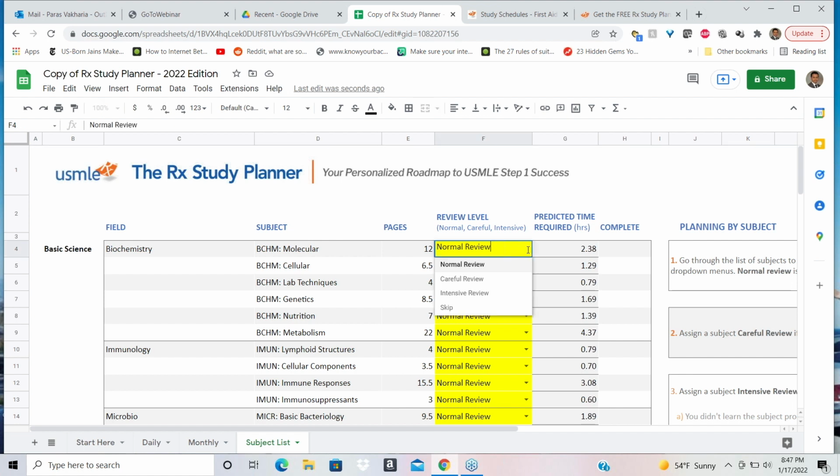And you can change the level of review from careful review to normal review or even more intensive review. And you can see that the time doubles as a result. Okay. Wow. Or if you've already gone through something, you can decide that you want to skip it. Okay. That's pretty impressive. That should be good enough even for the most meticulous of schedulers.